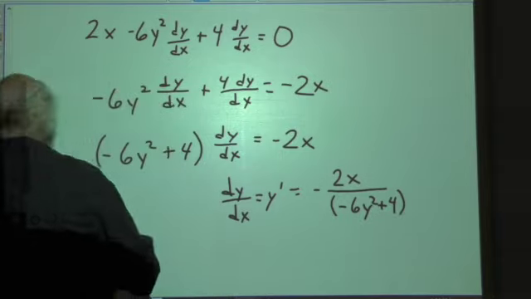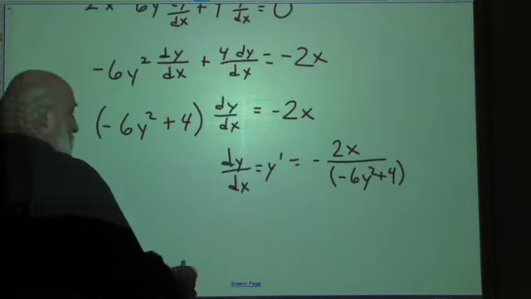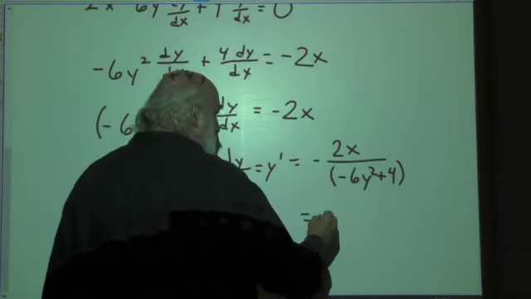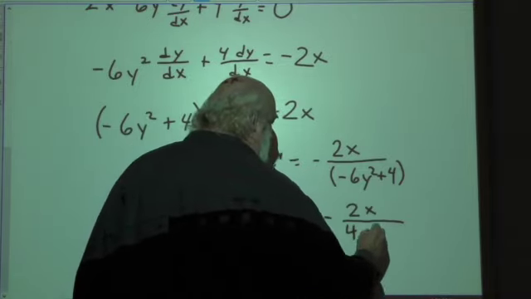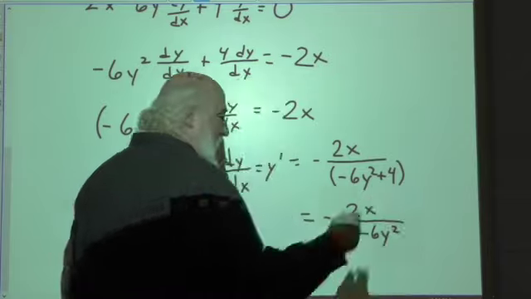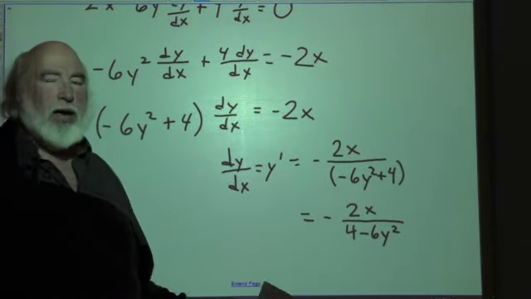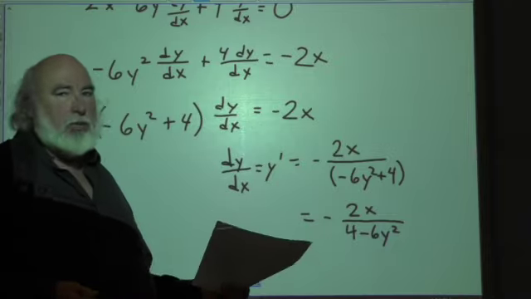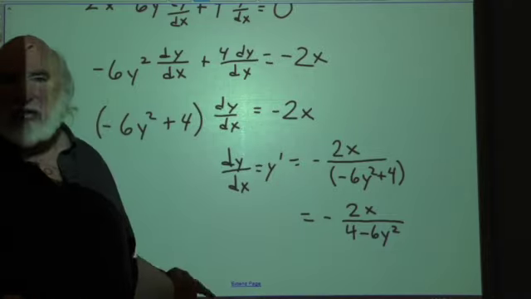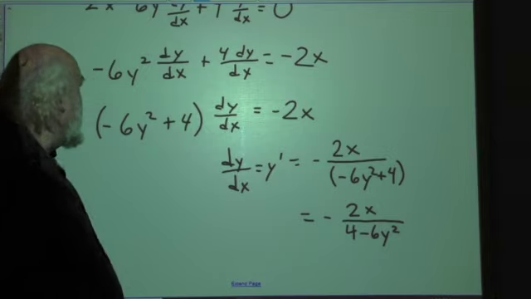Or, if you don't like using the negative, you can write this as negative 2x over 4 minus 6y squared. And that's fine too. There are a number of ways, as long as it's correctly done, and we've gotten rid of all the negative exponents and fractions, then we're good.